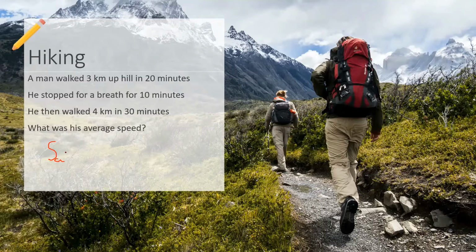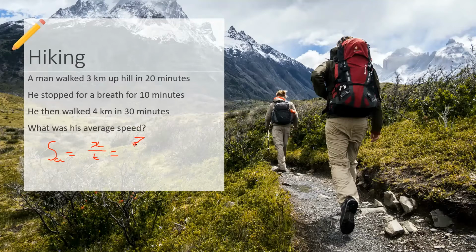So the average speed is going to be the total distance divided by the total time. Can someone tell me what is the total distance traveled in this question? Oh, look at that. Someone gave me an answer straight away. Oh man, the amount of times I've had to sit here and wait for hours. 7.